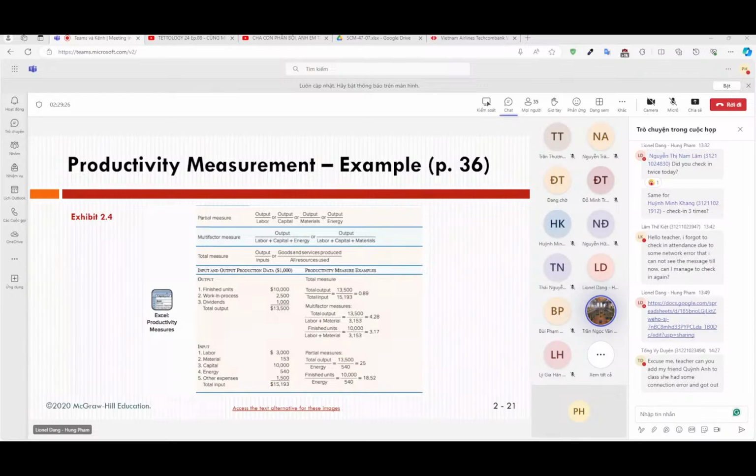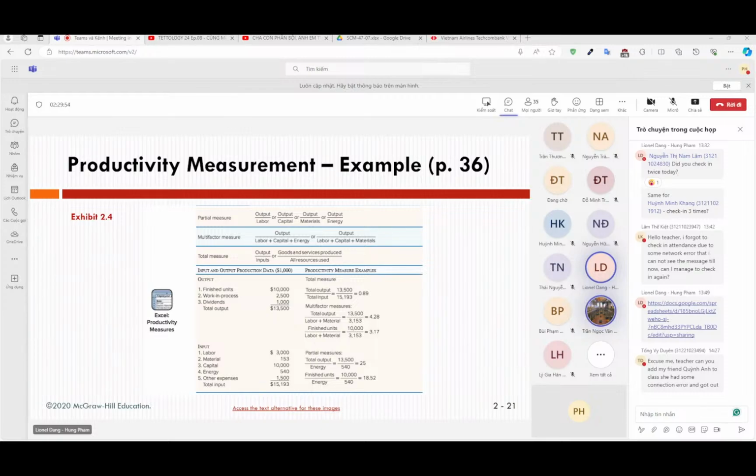And for the multi-factor measures, we try to find out how many factors of input result in the total output, so we can combine, for example, labor with material.